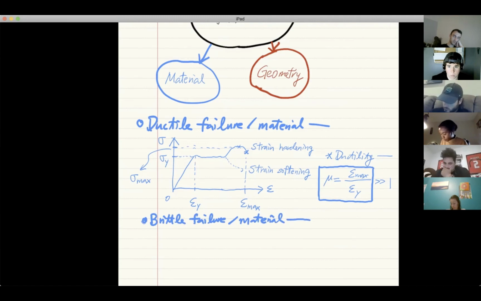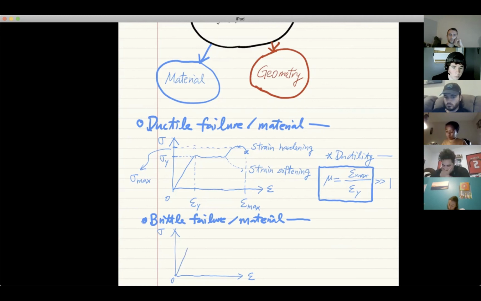Following the same definition, I will not repeat because I already said that. You will know that for brittle materials, on the stress and strain axes, the x-axis is your epsilon strain, and the y-axis is your stress. The failure curve for a brittle material like concrete usually looks like this.